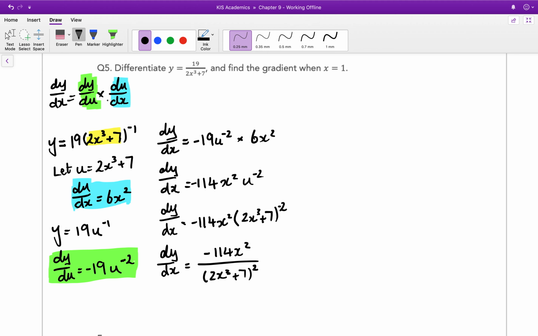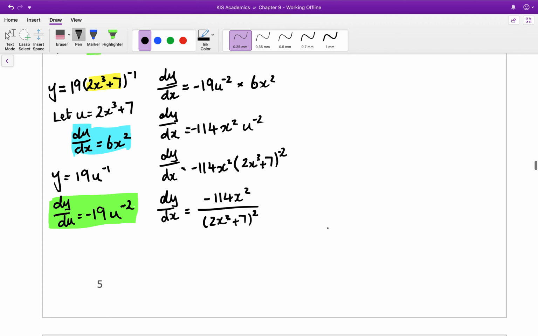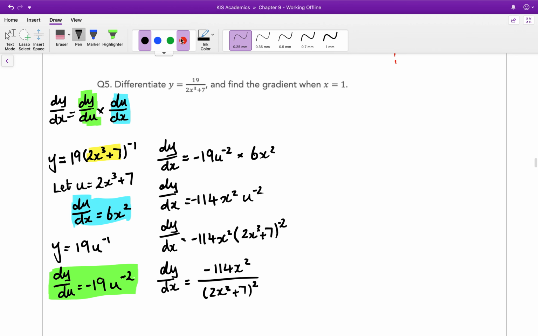So this is using this method of the chain rule. Now let's have a look at using our shortcut method. So this is what I call the box method. I'm going to let the inner function equal the box.